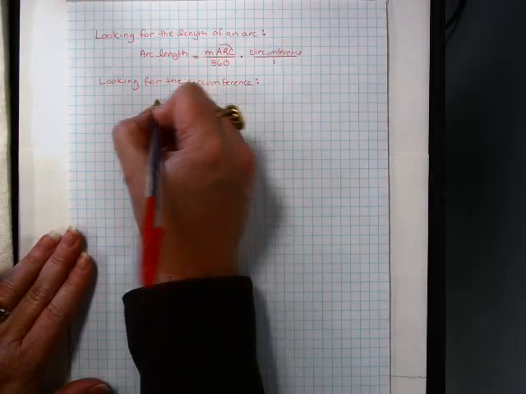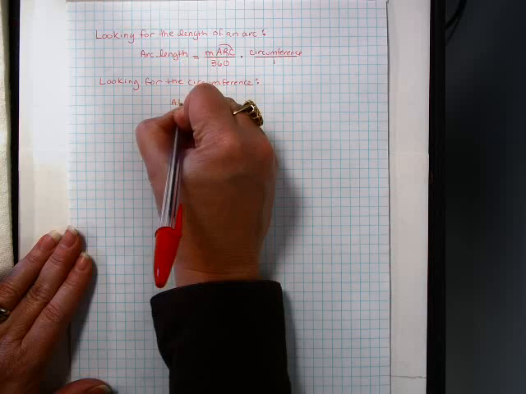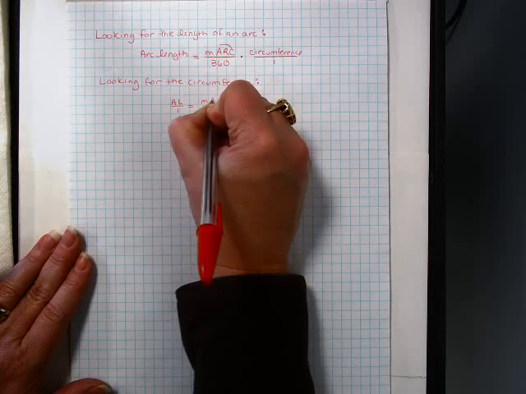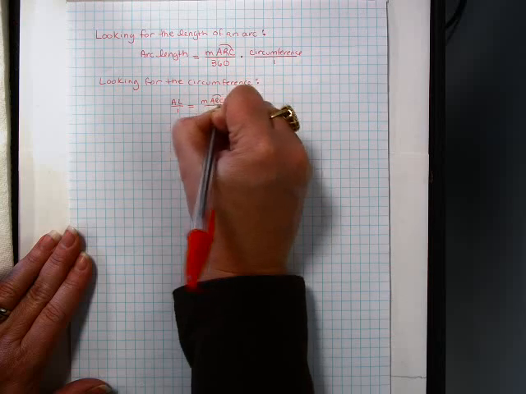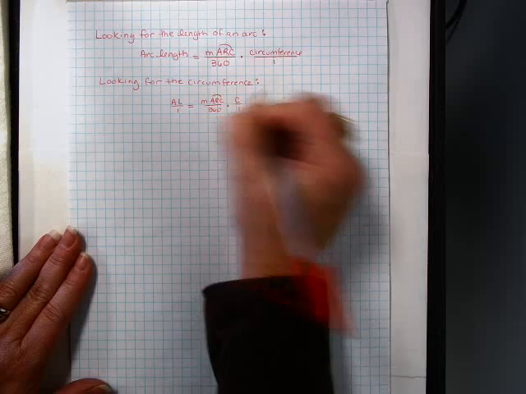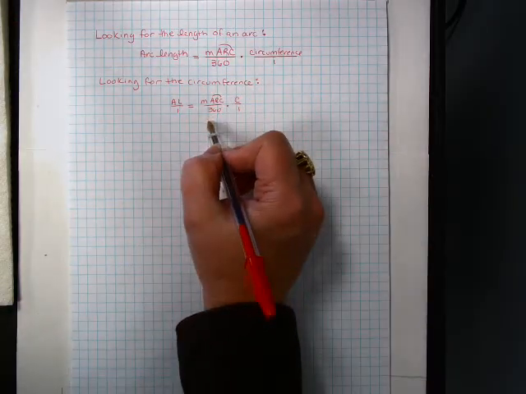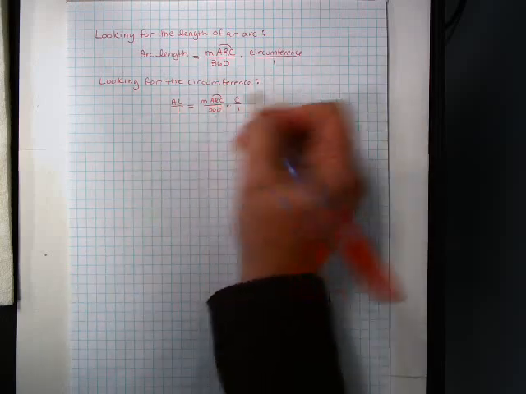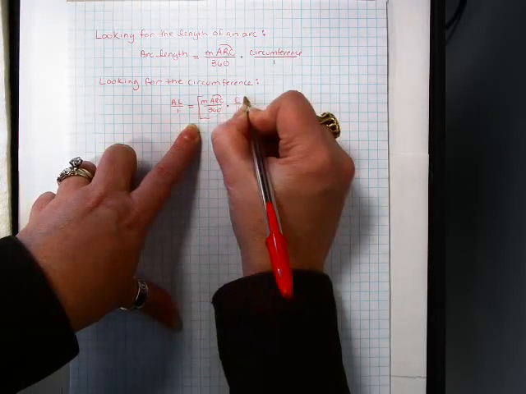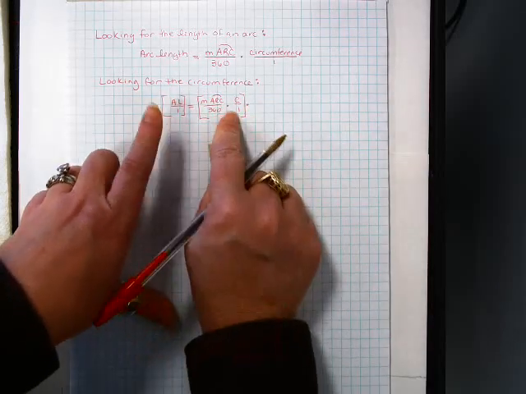So arc length over 1 equals the measure of the arc over 360 times circumference over 1. If I want to get C by itself, I have to get rid of this. To move this over to the other side, I'm going to multiply both sides by the same thing.